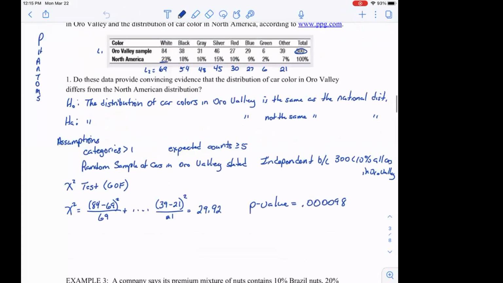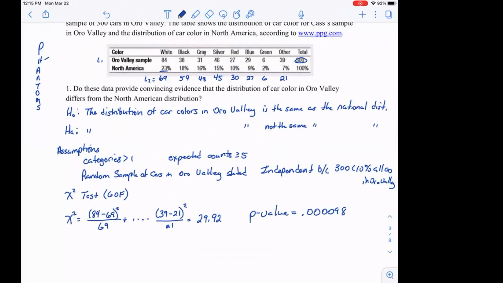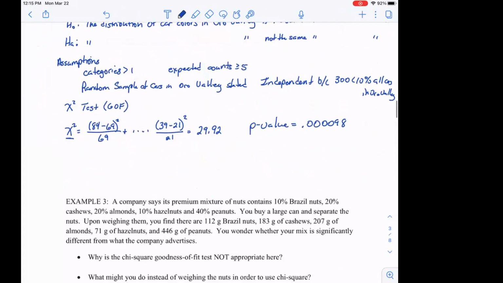So if we were going through the PHANTOMS steps, we have done our hypotheses, we've done our assumptions, we've named it, we've found a test statistic. Remember, our test statistic is the chi-squared value. We've obtained a p-value. It's very, very small. So we're ready to make a decision. We're still going through the same exact thing. Since the p-value is less than our alpha level.